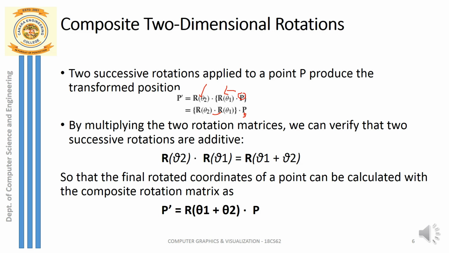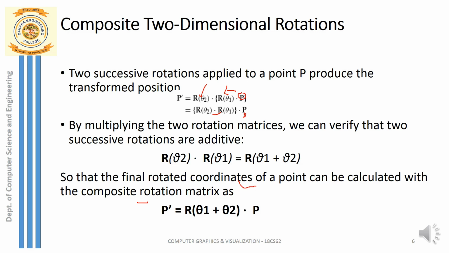You can calculate the final rotated coordinates of the point with the composite rotation matrix. How is that? The general equation, rewriting the above equation: P dash is equal to R of theta 1 plus theta 2 multiplied by the point P. You are applying two rotations in order: one is angle theta 1 and the other is angle theta 2, and since this is additive, you can rewrite this as R of theta 1 plus theta 2.